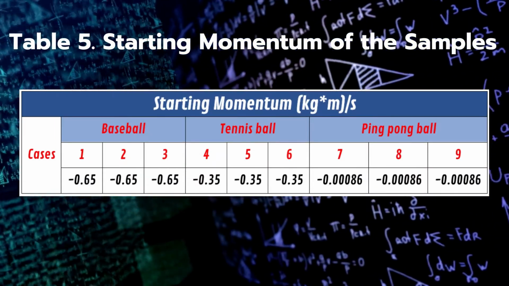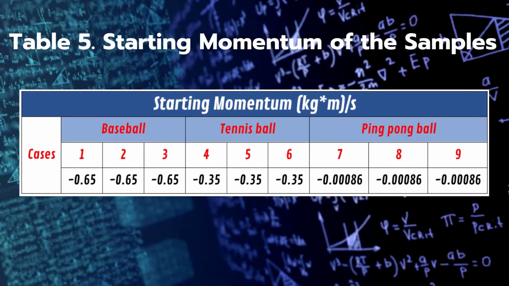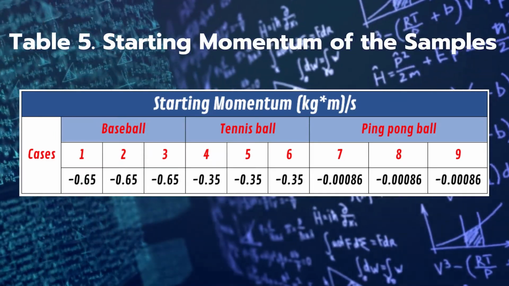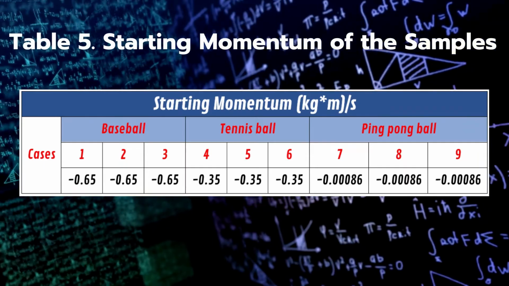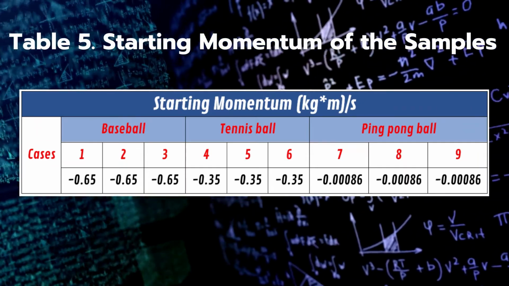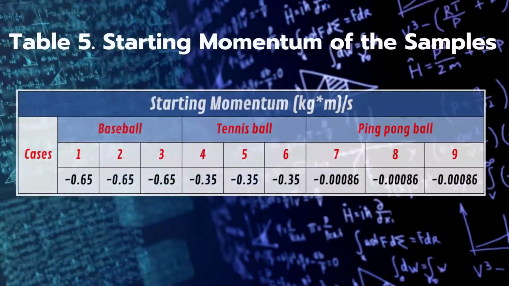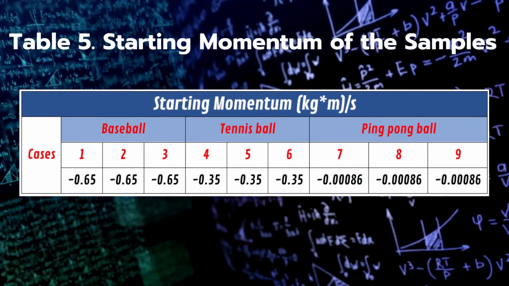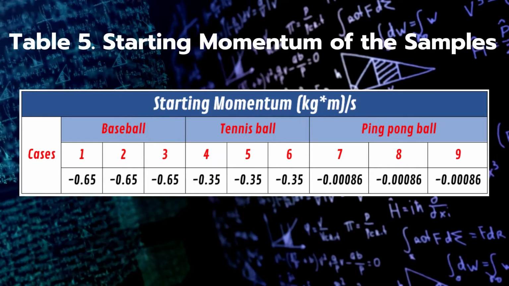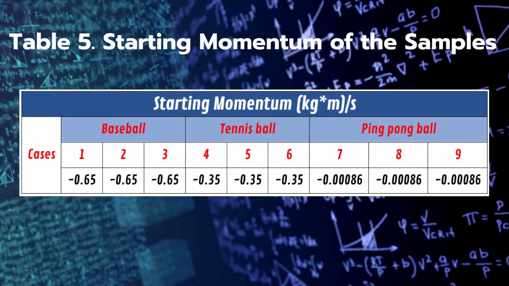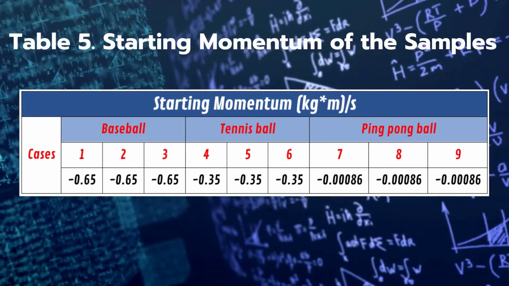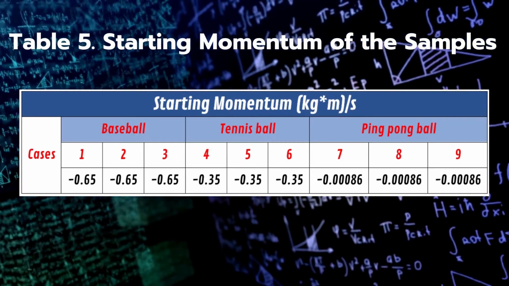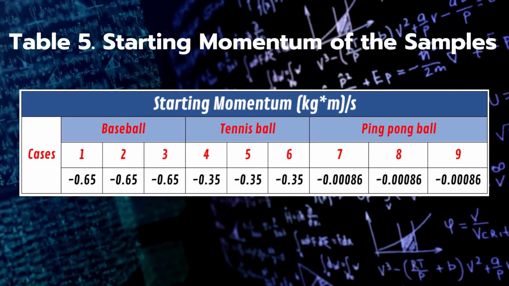For the last three cases of ping pong ball to carpet, tiles, and concrete floor, their starting momentum are all negative 0.00886. As we can observe, each three cases of the balls have similar starting momentum because at this point, the starting velocity is constant at negative 4.43 meters per second.